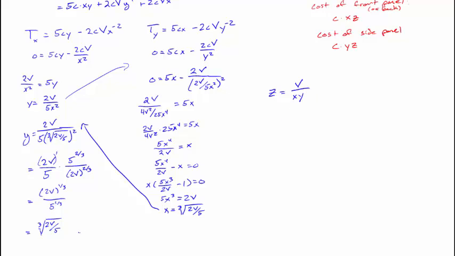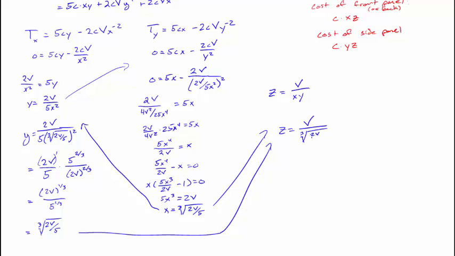So taking these and plugging them in up here, we get z equals v over the cube root of 2v over 5 squared. So I will say that this is v times 5 to the 2/3 over 2v to the 2/3.